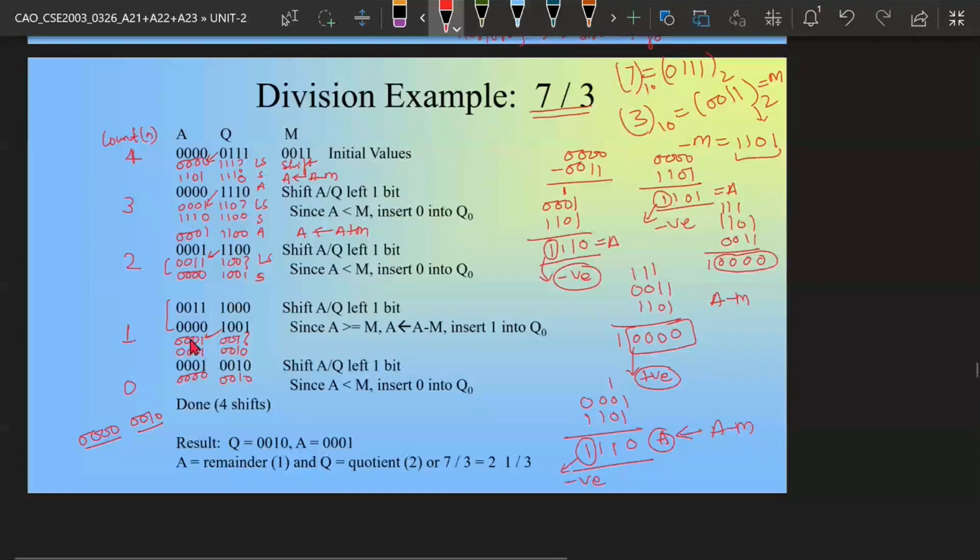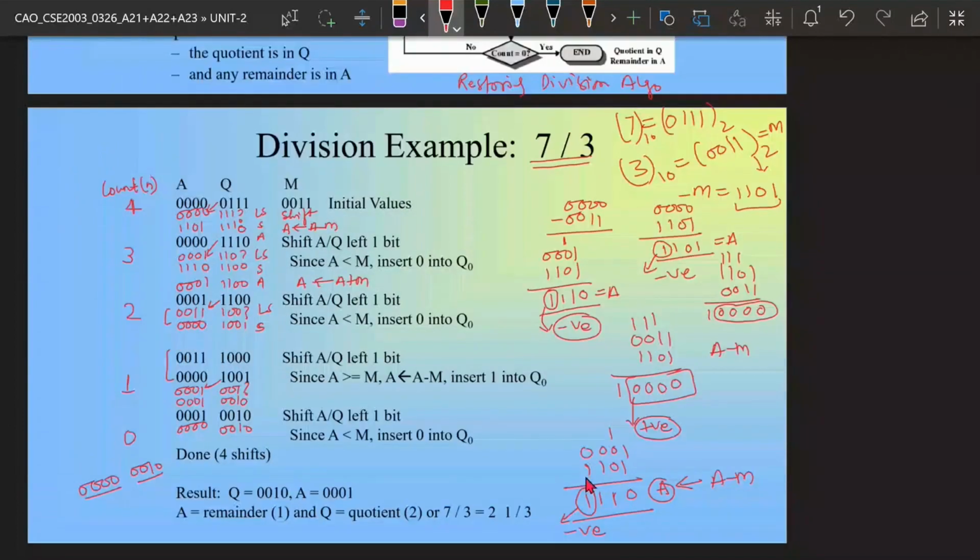Once we should be doing the subtraction. So it is 0, 0, 0, 1. In that, we are going to add 1, 1, 0, 1. So 1, 1 is 0 with the carry, and then this is a negative number. Once it is a negative number, we should be doing here. So the Q naught should be equal to 0.